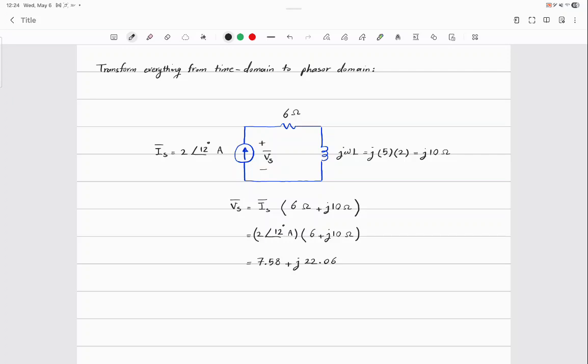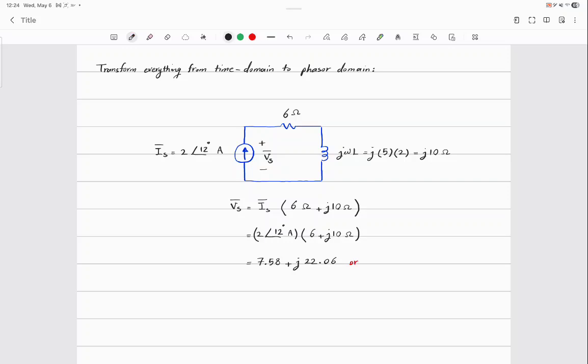That is where my second question starts. What representation would we prefer as the answer to our phasor problem? Do we prefer the rectangular form or polar form? Just to understand that, give me the polar representation as well. You should be able to change this very fast to polar.